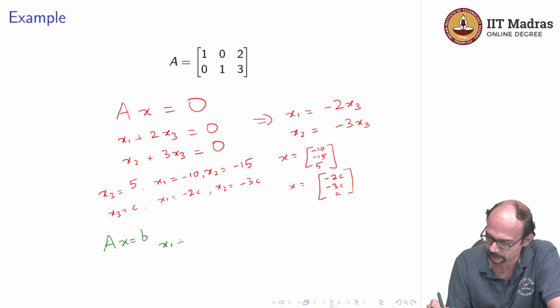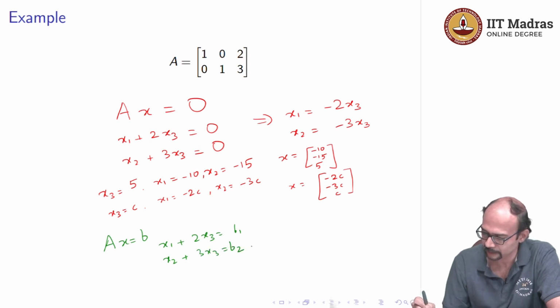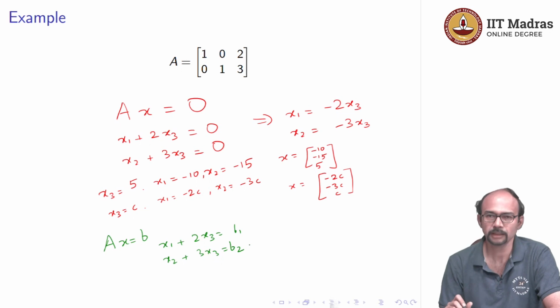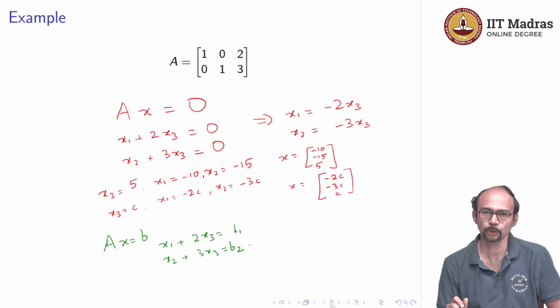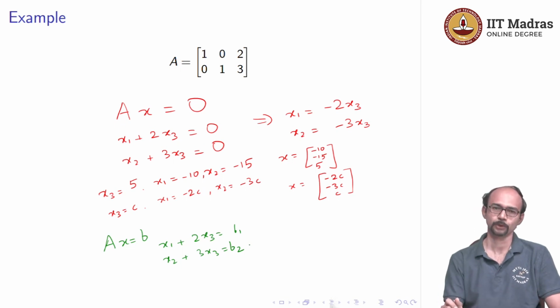The equations are x1 plus 2x3 is b1 and x2 plus 3x3 is b2, and from here we can move x3 to the other side, and then whatever value of x3 we have, we can read off the values of x1 and x2, and each time we will get a solution. So again we have an infinite number of solutions.